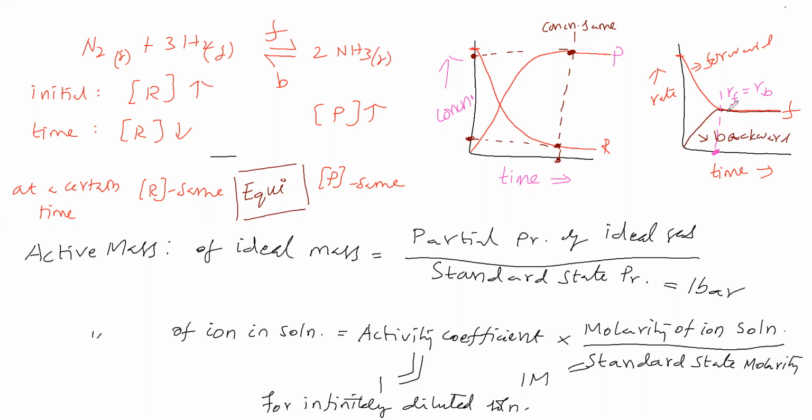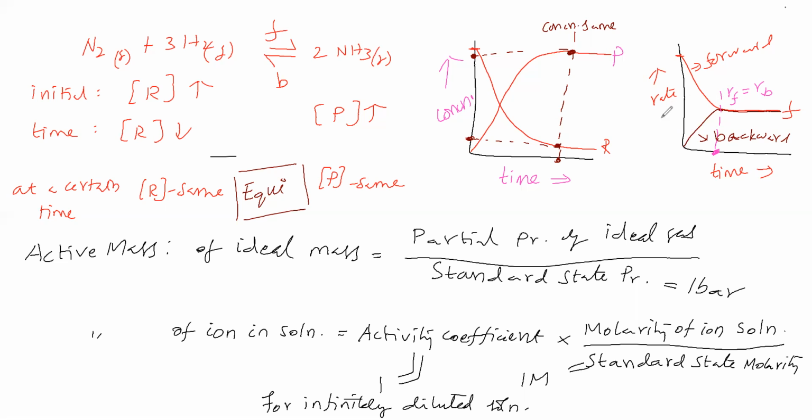No, it is parallel to the time axis. That means both forward and backward reactions take place continuously even after the system attained equilibrium, with equal rates. Therefore equilibrium is called dynamic equilibrium.